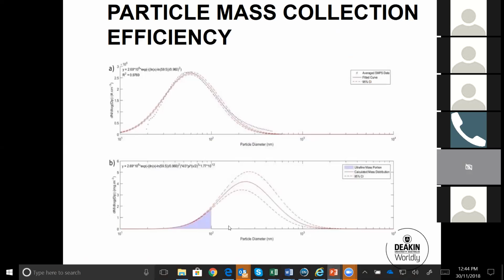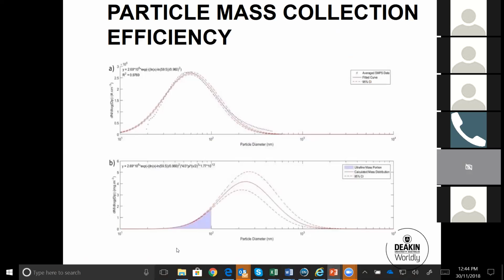And what you can see is the average SMPS particle size distribution of ultrafine particles that we have collected over the sample collection period. And then the mass distribution we calculated from the fitted distribution.